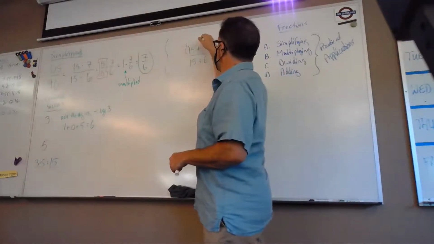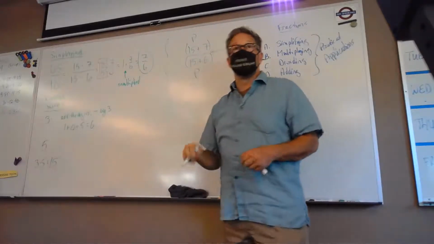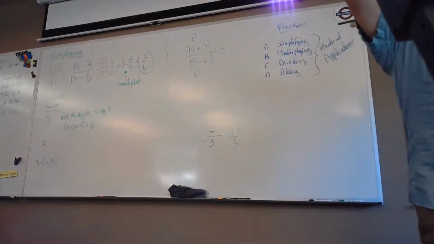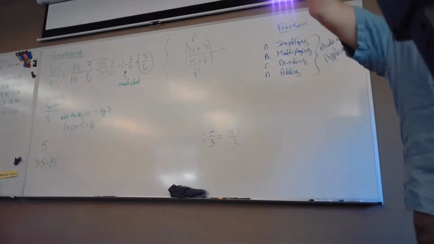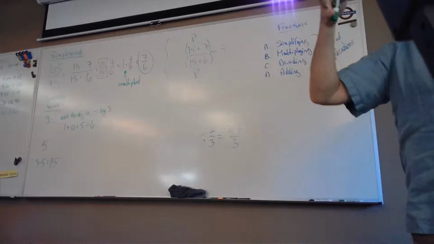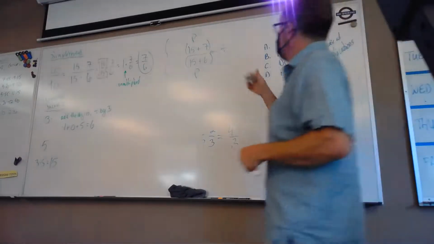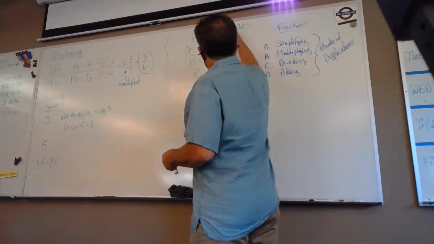But this is a parentheses, and this is a parentheses, even though we don't write the parentheses. It's something divided by something else. We have to figure out the something. We pretend it's in a parentheses. That's one way to think about it. And figure out the other parentheses, and then we can do division, because parentheses comes before division.